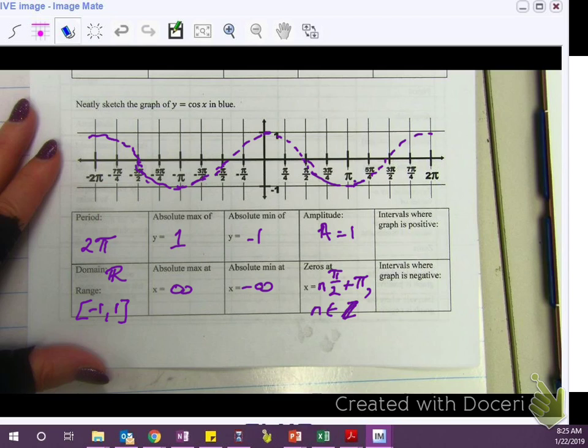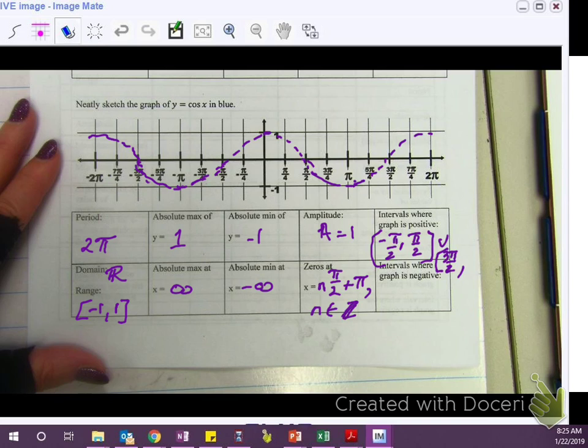The intervals where it's positive is negative pi over 2 to pi over 2. And 3 pi over 2. Well, if we're just going to do this part, it would be 3 pi over 2. Because they happen every pi units.